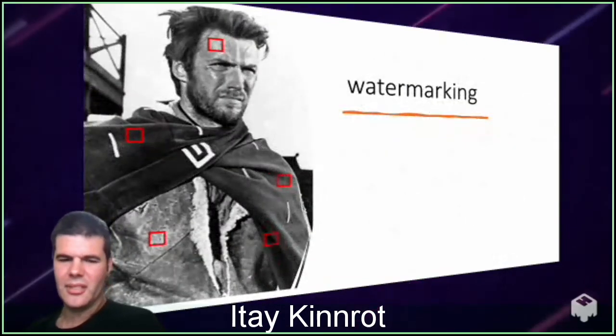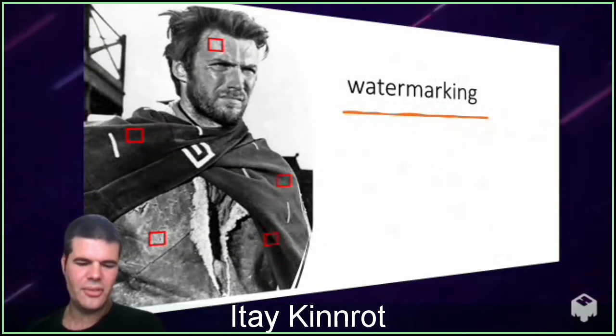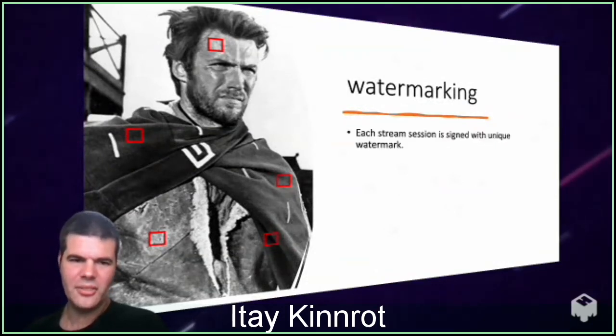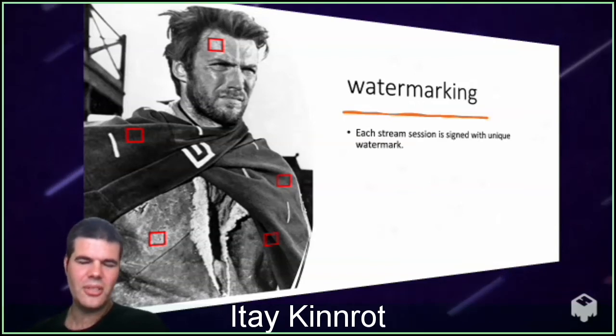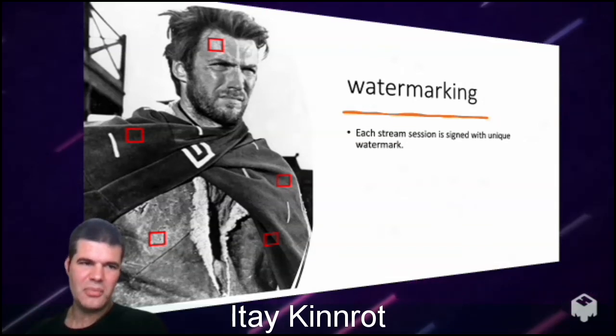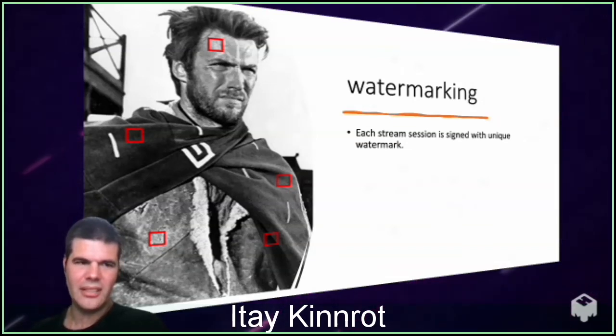Watermarking, which is usually used for premium content, is where each stream has its own signature with unique watermarking, okay, that the user usually can't see, but this is like a forensic watermarking, and it's specific to the user that is getting it.